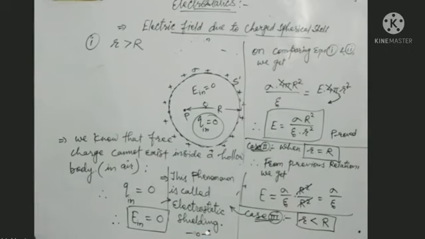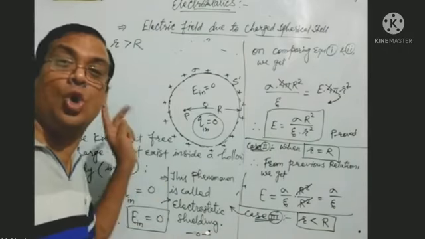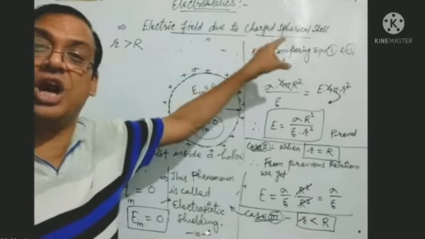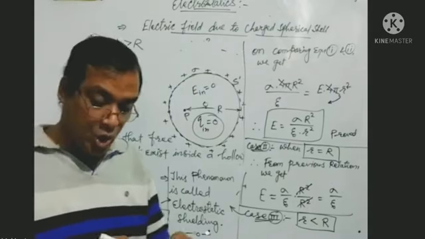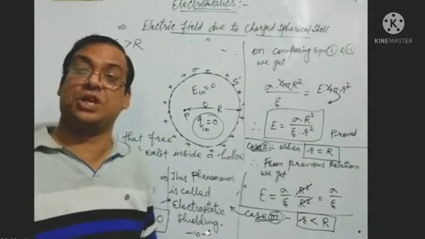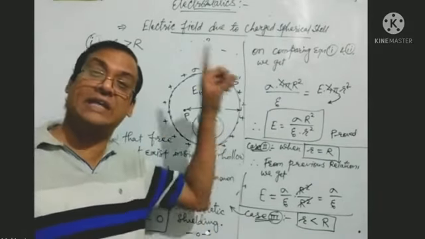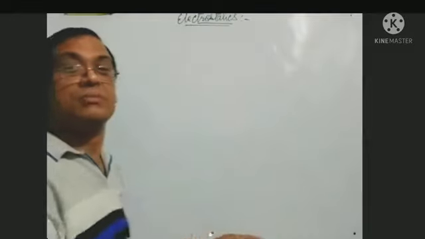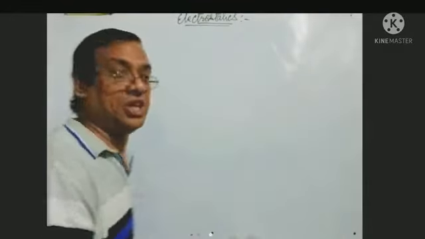That's all. So this is done with all the cases for electric field due to a charged spherical shell. Now we go for the graphical representation for the entire phenomenon. Let us see how.